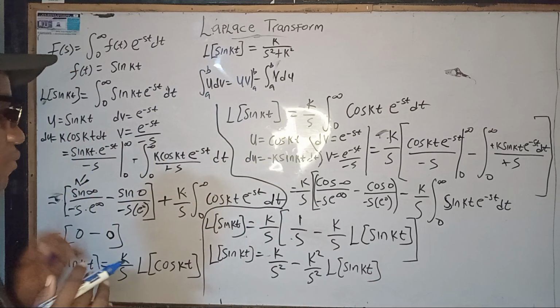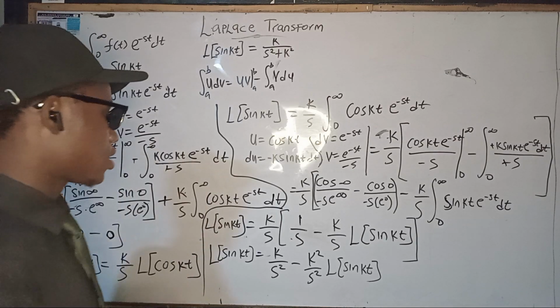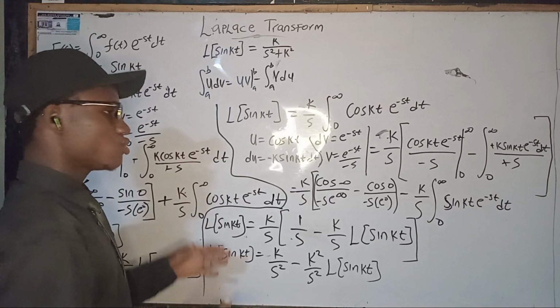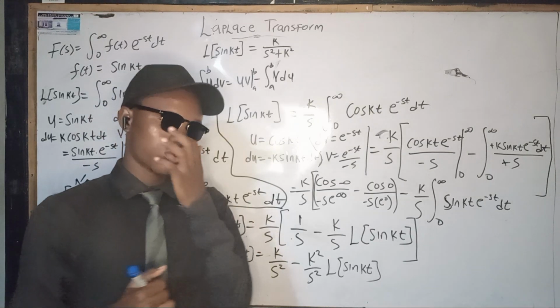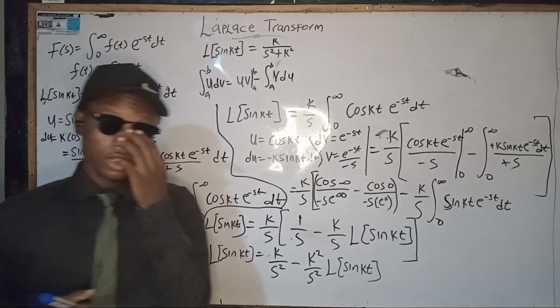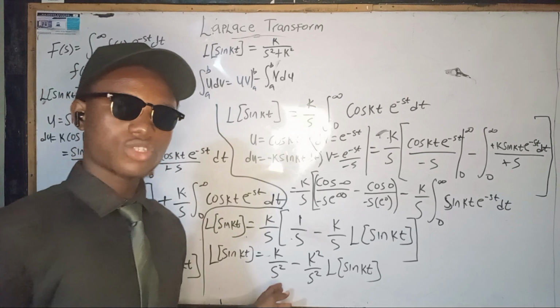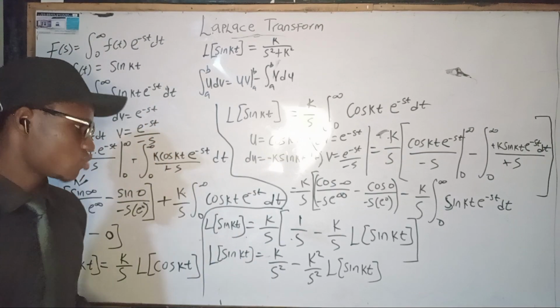Now we are not done. So from here, we should be able to see it now that we are going to just simplify, we are going to collect like terms, and then we are going to be making our Laplace of sine kt the subject of the formula. That is what we are going to be doing.